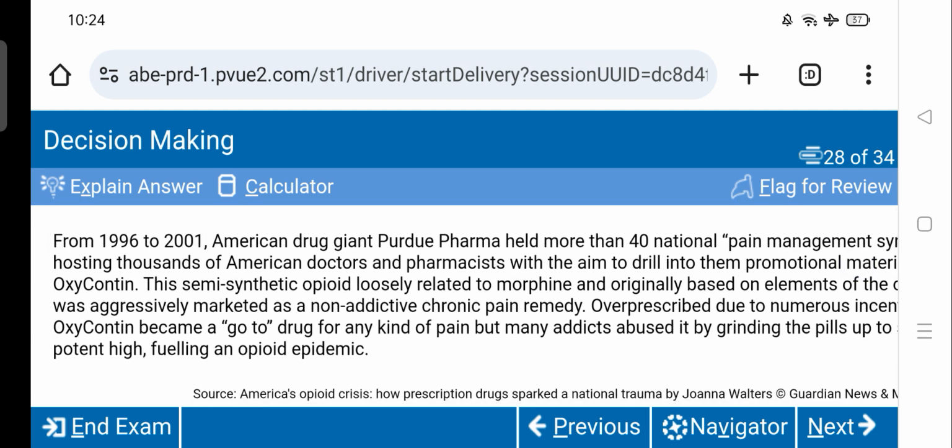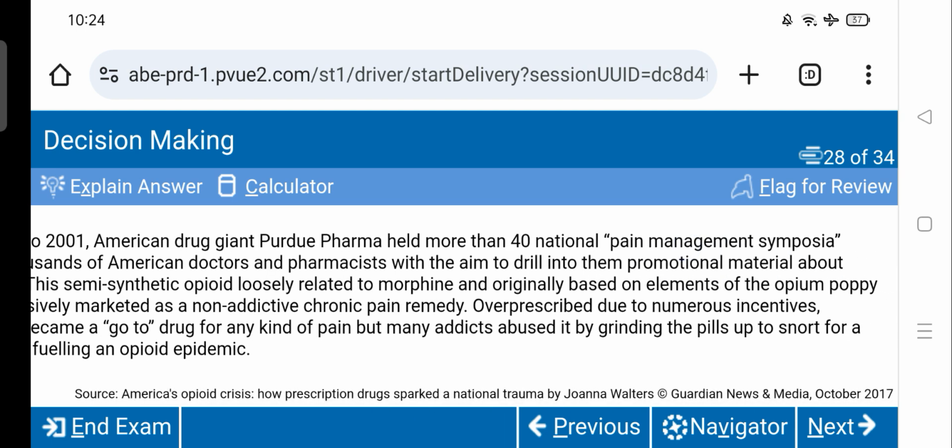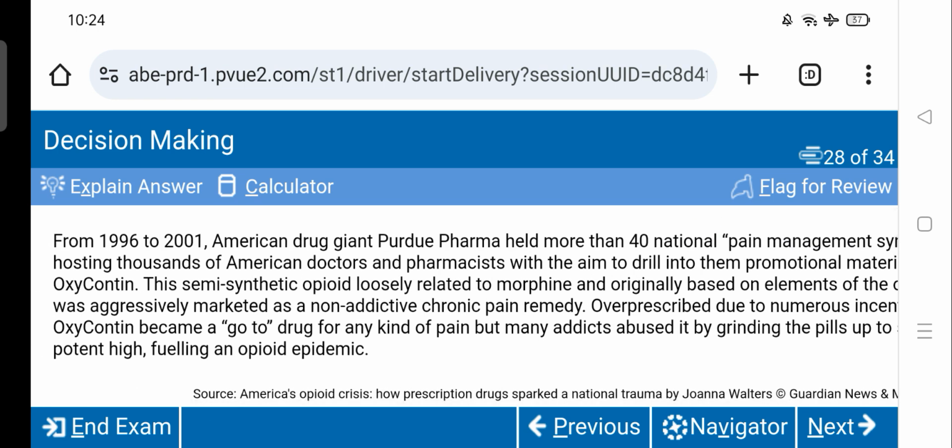This semi-synthetic opioid, loosely related to morphine and originally based on elements of the opium poppy, was aggressively marketed as a non-addictive chronic pain remedy.